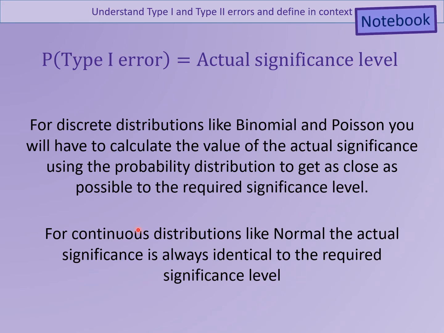What's the probability of making a type 1 error on a 1% significance level? It is exactly 1%. That's true for any continuous distribution. So discrete are harder because you've got to calculate the actual value, like we just did on that binomial Poisson, whereas continuous is a bit easier. And you do more continuous distributions later in this course.